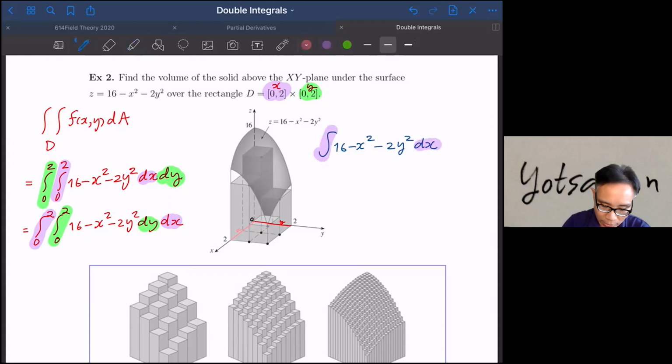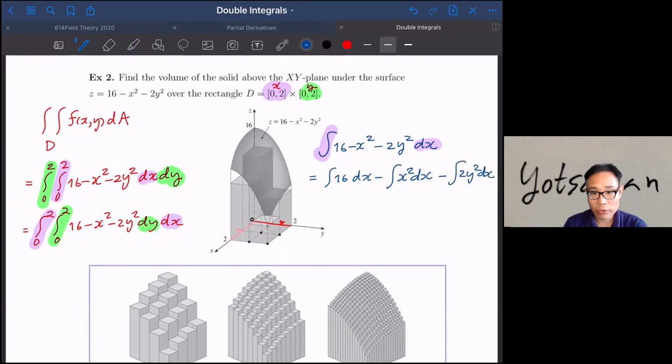You just do what you did in Calculus 1. You can integrate term by term. So it's going to be 16 dx, x squared dx, and 2y squared dx. This one integrates to 2y squared x, and this gives you 16x.